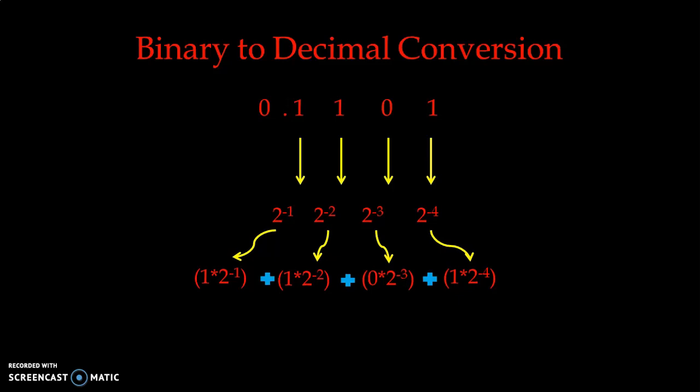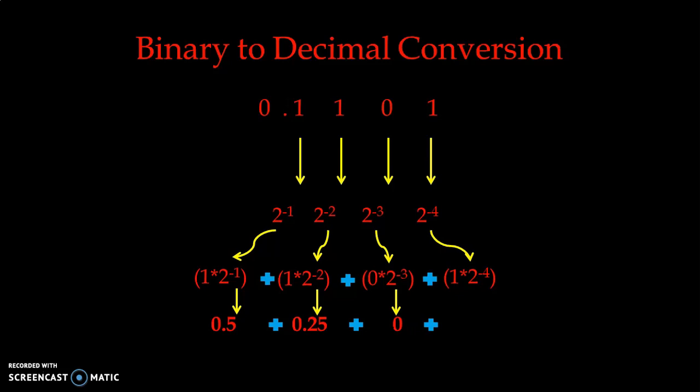When we multiply with 0, the answer will obviously be 0, and when we multiply with 1, then we put the actual value. For example, 1 multiplied by 2 raised to minus 1 is 1 divided by 2, so the answer will be 0.5. In the same way, 1 upon 2 raised to the power 2 is 1 divided by 4, and the answer will be 0.25. If we multiply with 0, the answer will be 0.